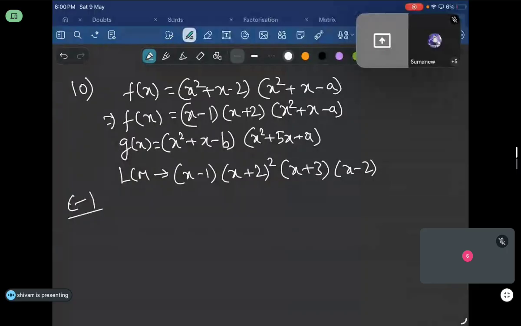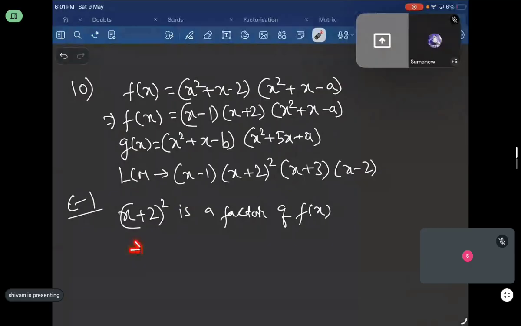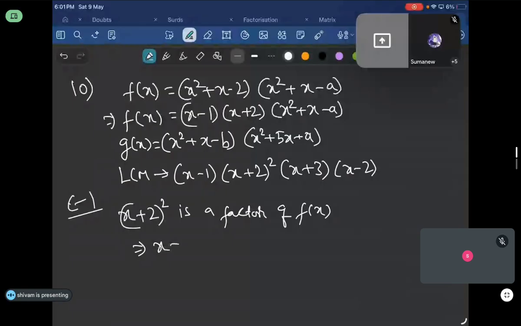Again, pay attention. Case 1, it can happen that x plus 2 whole square is a factor of f of x. Right, tell me. If x plus 2 whole square is a factor of f of x, that means x plus 2 is a factor of this expression, right? This implies x plus 2 is a factor of x square plus x minus a, right?